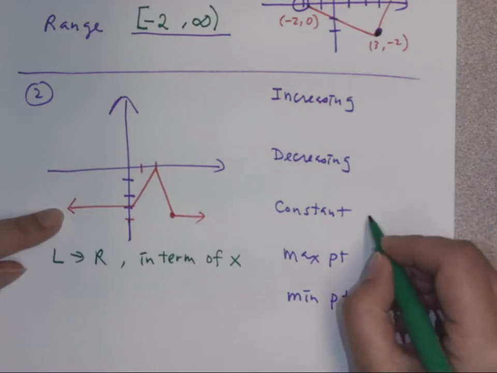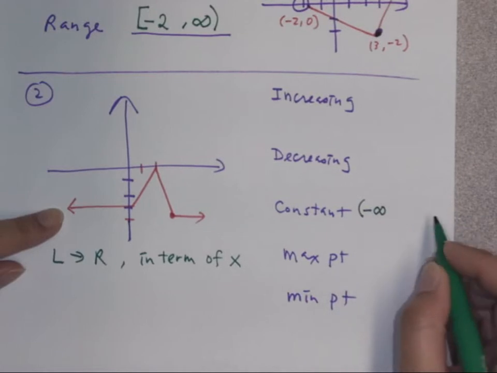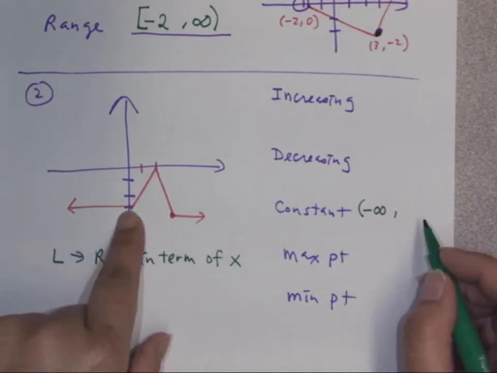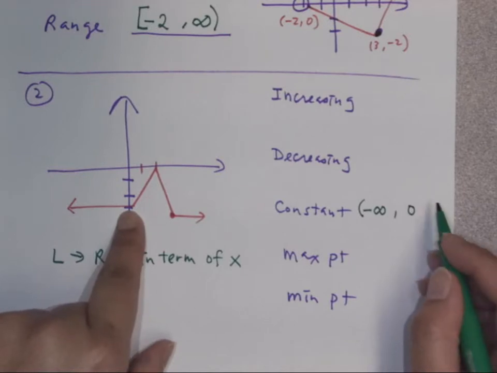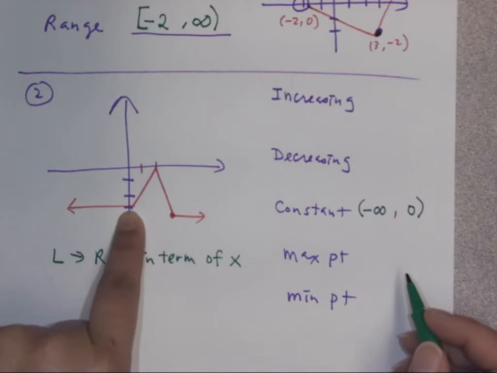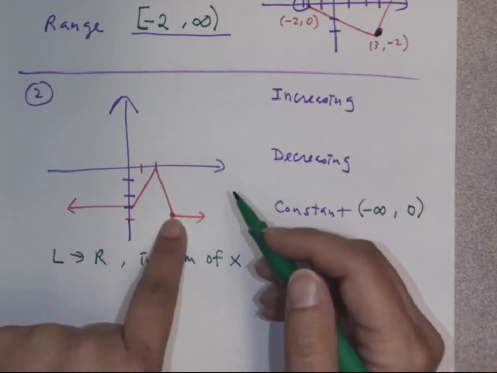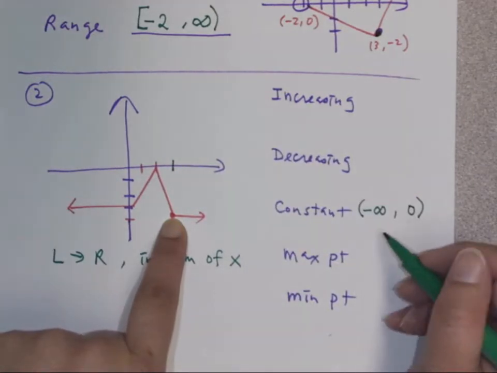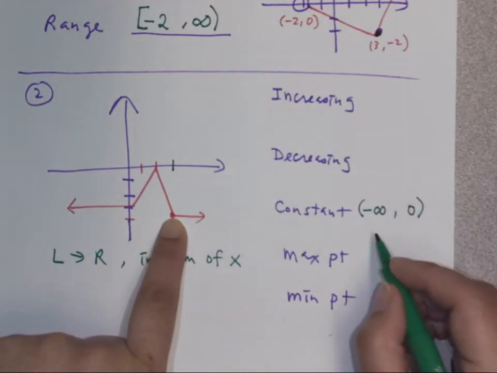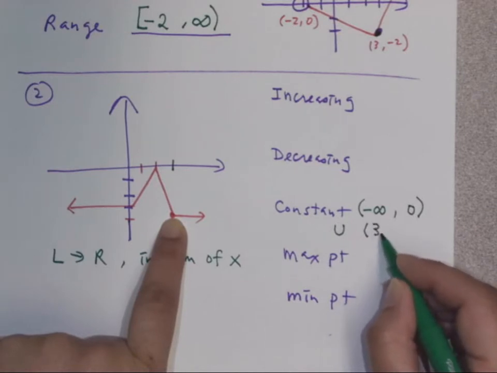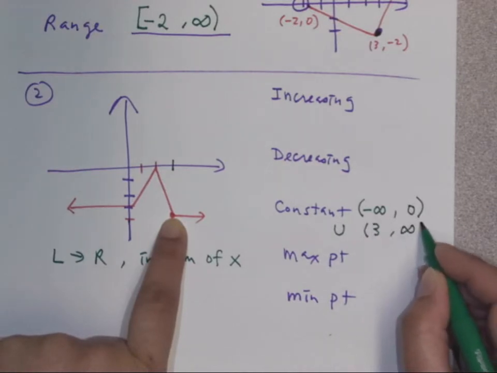Starting from the smallest x value, negative infinity, always comes with parentheses, and then stop at x equal to 0. So we're going to stop here, and then it looks like it picks up again at 3, sorry, I didn't mark it here. So it's going to be starting again from x equal to 3 to positive infinity.